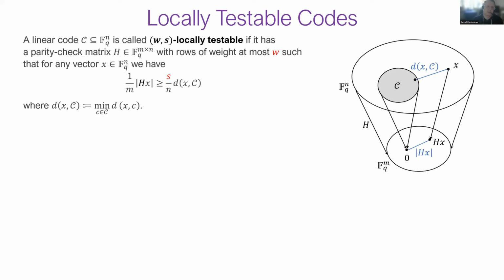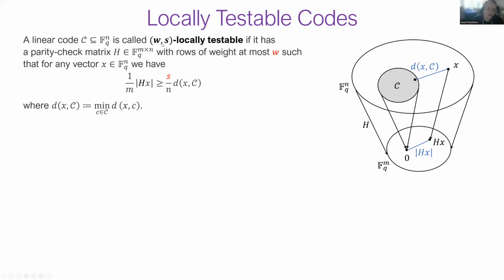Okay, let me also describe locally testable codes. So the idea of the locally testable code is a code where you can have a probabilistic tester that allows you to test whether a bit string is close to the code space or not. And in our work, we use a very simple combinatorial definition that corresponds to a rather strong form of local testability, and we call it VS locally testable.